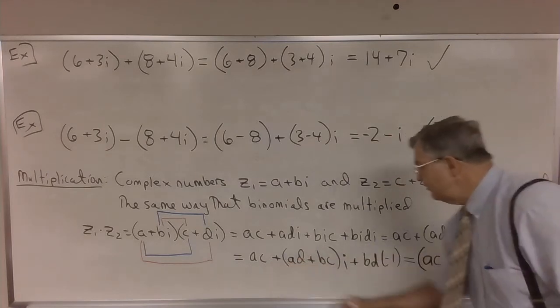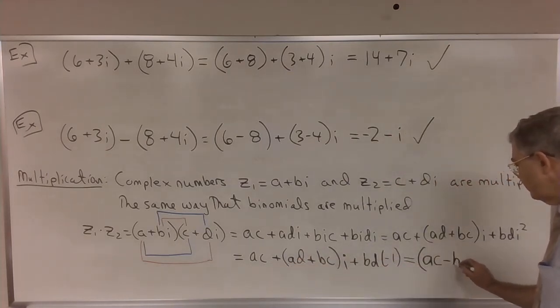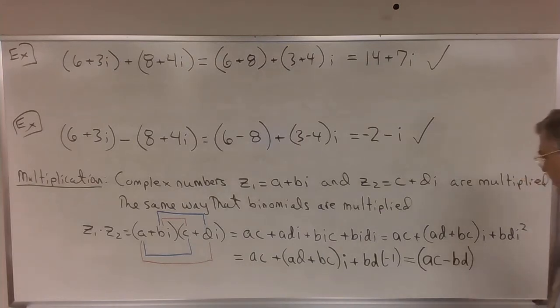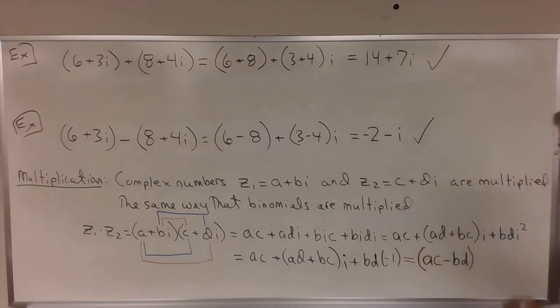So that's AC minus BD. And the imaginary part I have all nicely packaged already. So plus AD plus BC times i.